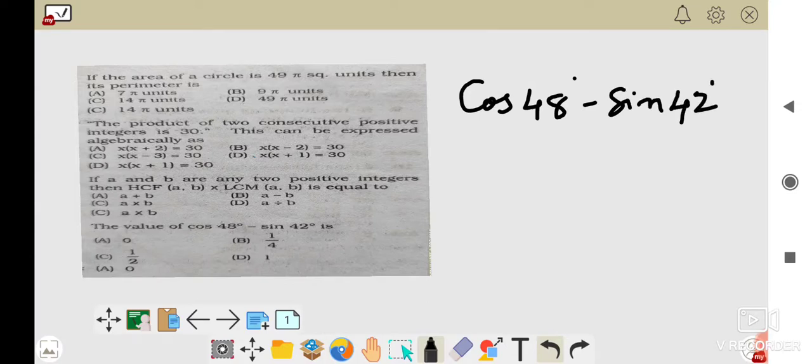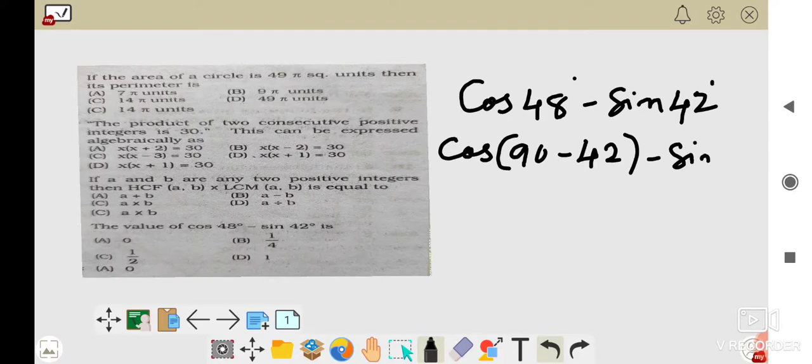So what should we do? Now here 42 is there. So this can be written as cos of 90 minus 42, minus sin 42.